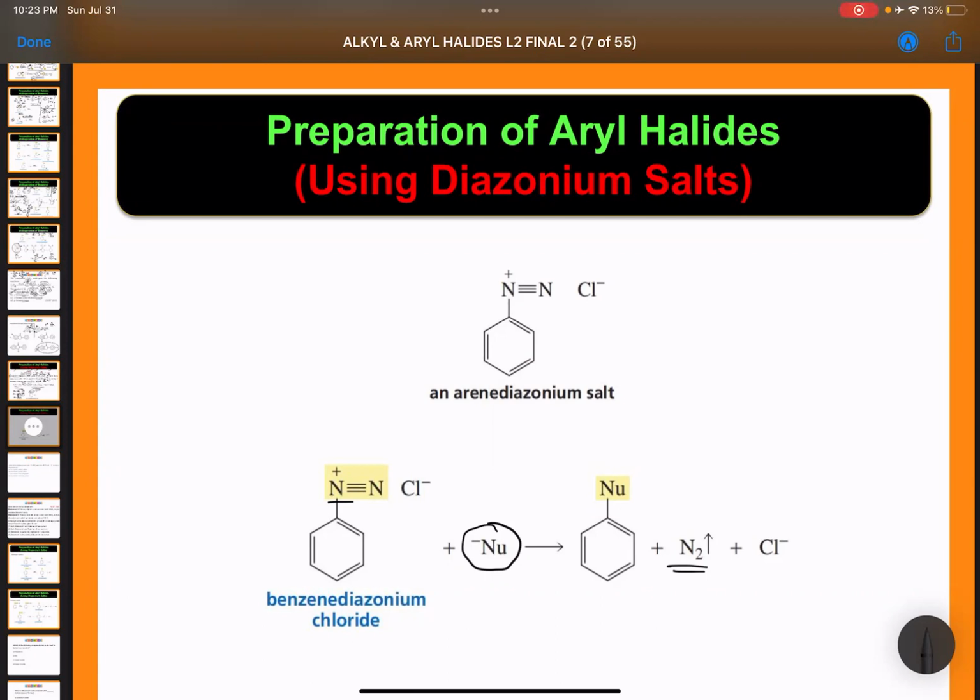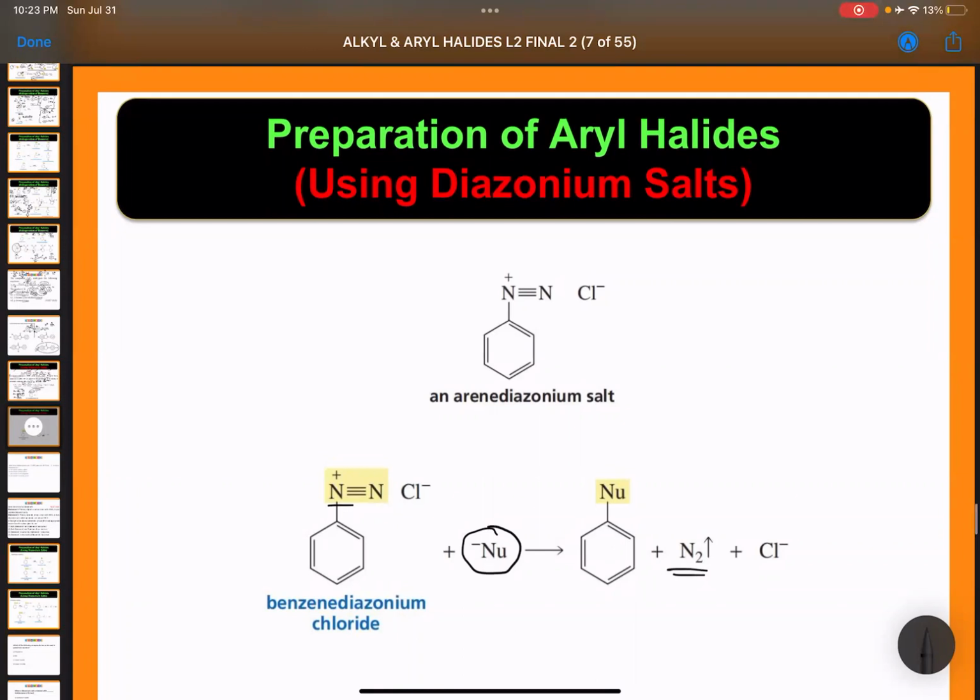This is a very important series of reactions. This whole procedure is known as synthesis using diazonium salt. For Cl and Br it is just one more method, but there are certain groups which can't be attached directly to benzene.